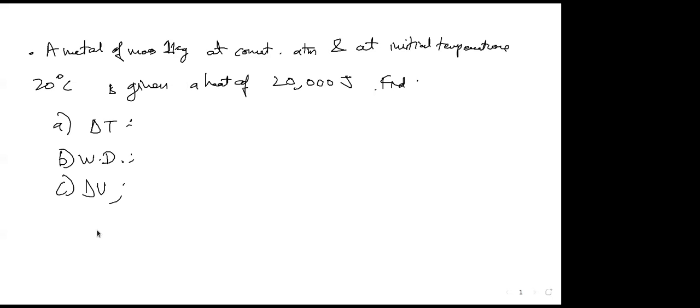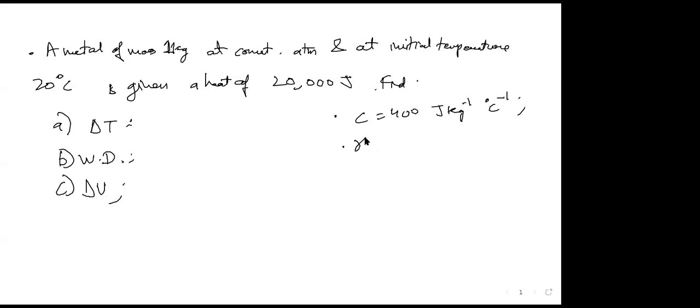Go ahead. You're given some things also. You're given the specific heat, which is 400 joules per kg per degree Celsius. Note the units. Coefficient of cubical expansion, because you will need that.